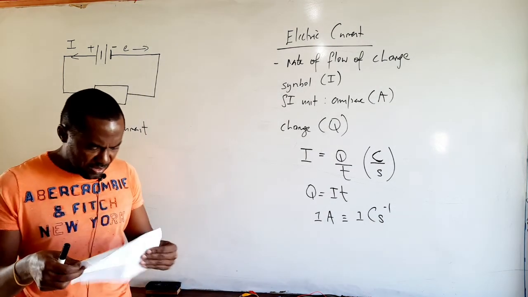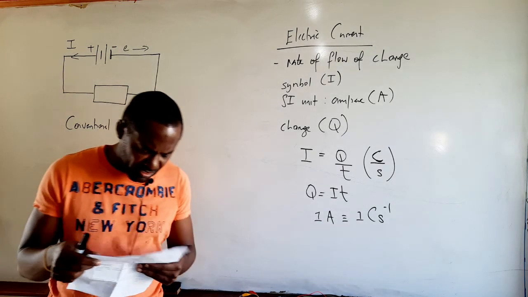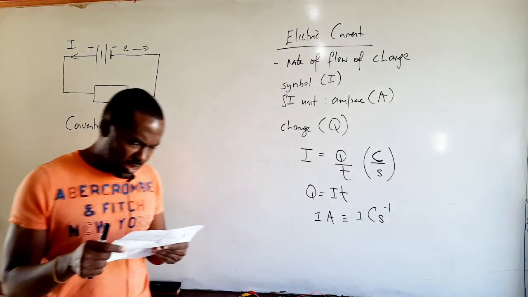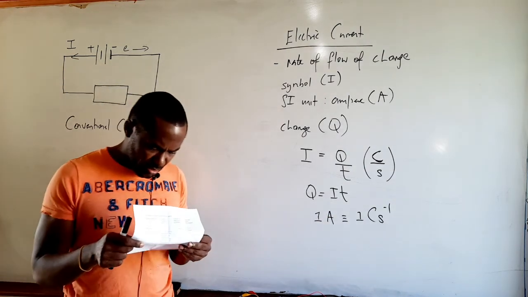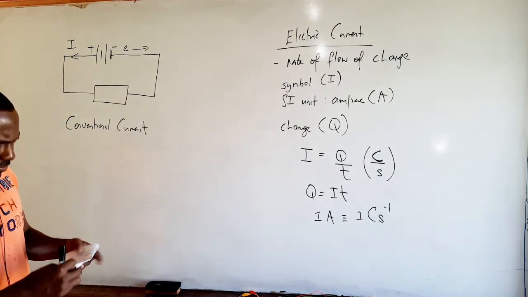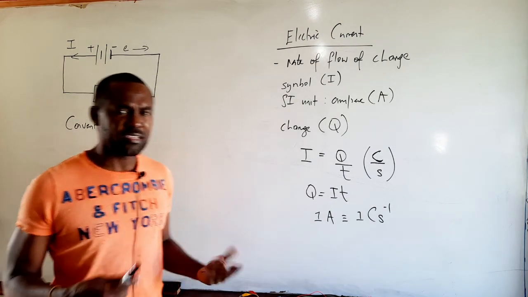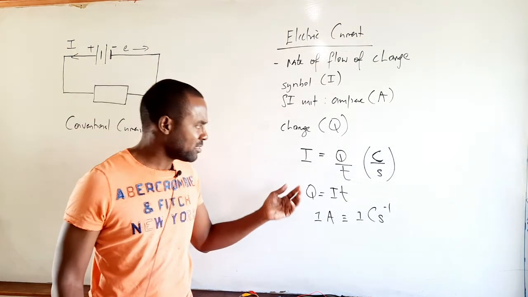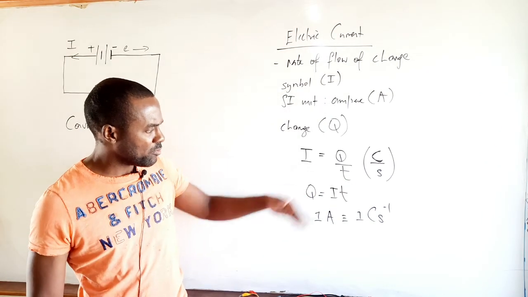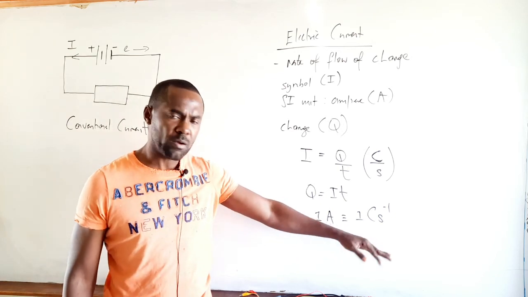Now, the syllabus might not require us to know those definitions, but of course, knowing them doesn't hurt, right? Basically the syllabus expects us to be able to apply the equation Q is equal to IT. The unit of charge can be obtained from this equation, right? Good. So as I said before, the SI unit of electric current is the ampere, and the current is given by the equation I is equal to Q over T, and from this equation we get that 1 ampere is equivalent to 1 coulomb per second.